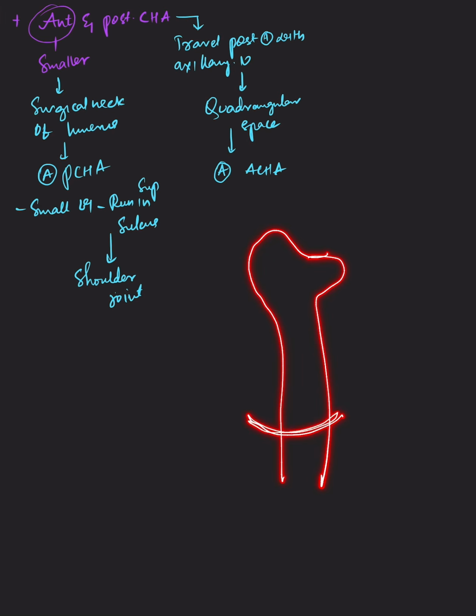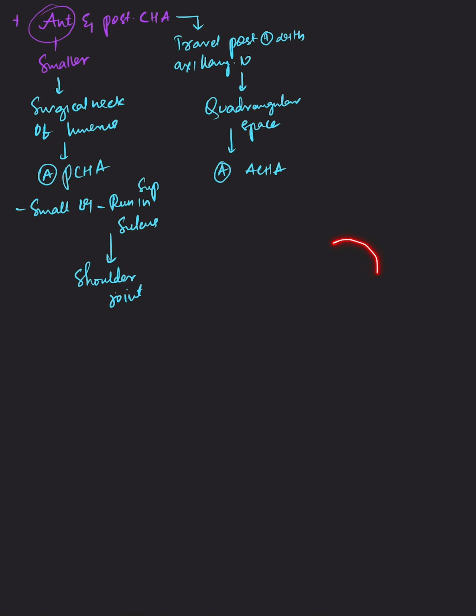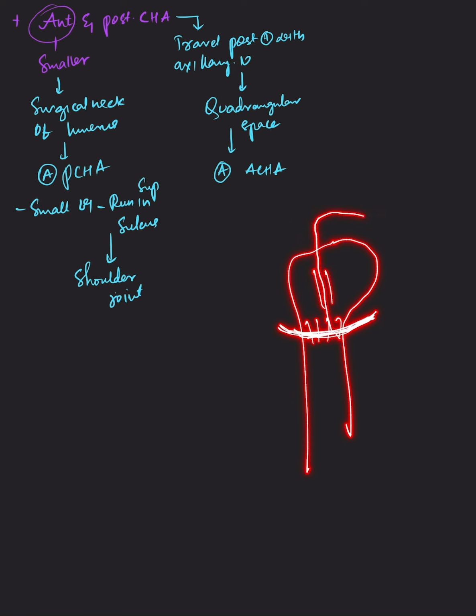So this is the anterior circumflex humeral artery that runs along the anterior aspect of the surgical neck, and later it gives a superior branch that runs in the intertubercular sulcus and supplies the shoulder joint, also called the glenohumeral joint.